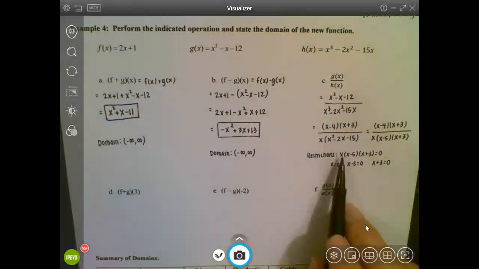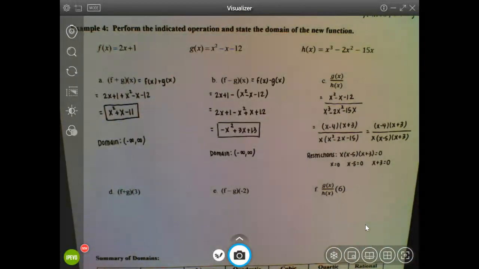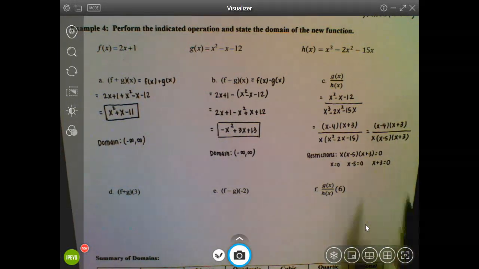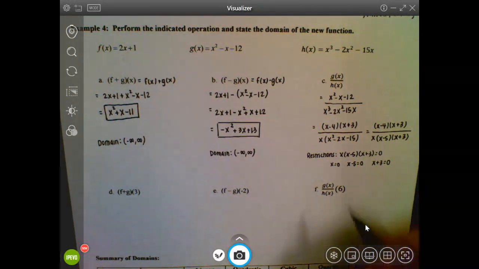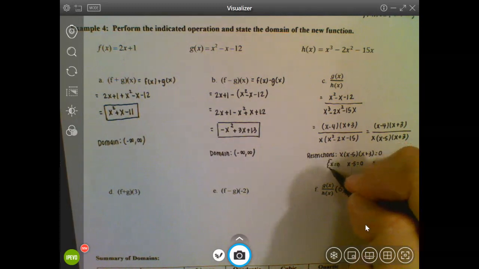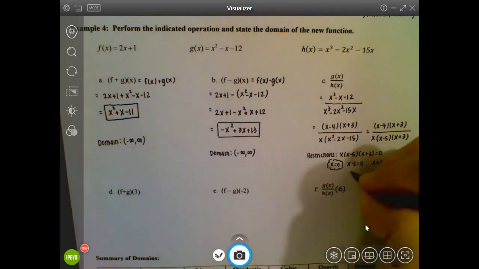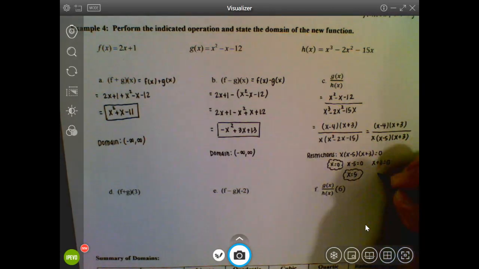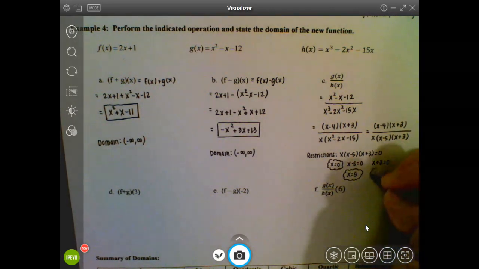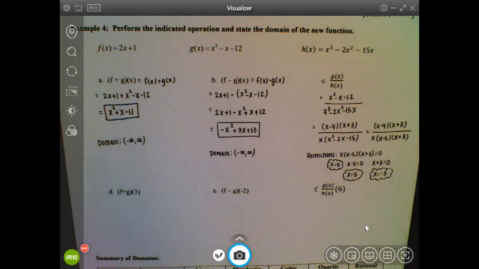So again, anytime that you have different factors here, even though we see that we have something in common that we can cancel out, we always want to find our domain restrictions first. So that's going to be one domain restriction of x is equal to 0, a domain restriction of x is equal to 5, and a domain restriction of x is equal to -3 when I solve those out for x.